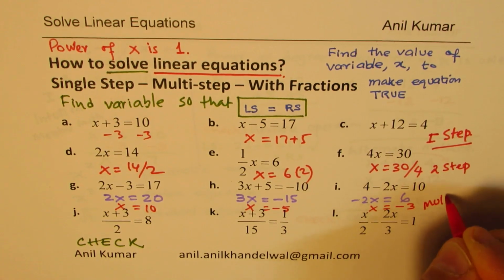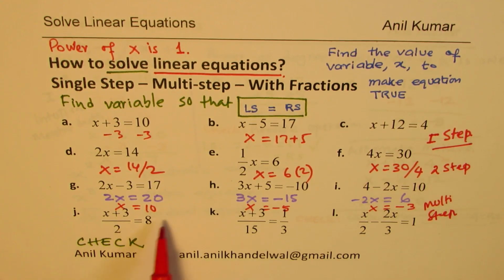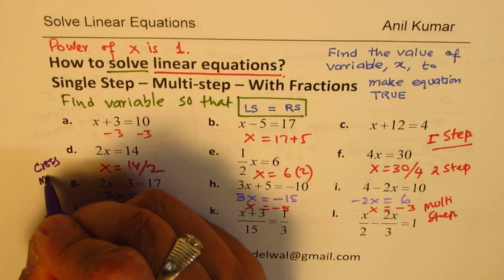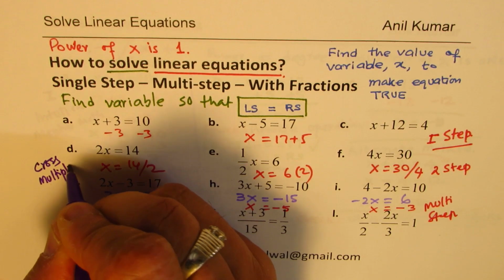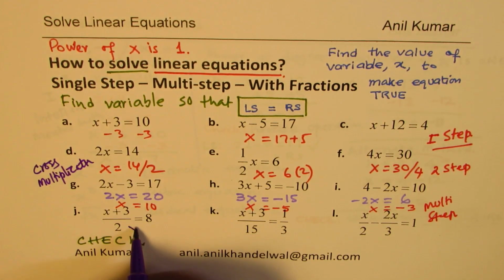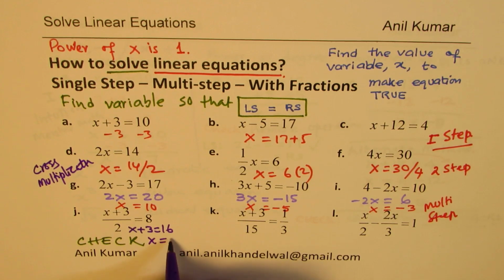And now we have multi-step, right? So the first step is cross multiplication. Let me write here. And then we continue. When you cross multiply, you get x plus 3 equals 16. And then we get our answer, x equals 16 minus 3, which is 13.